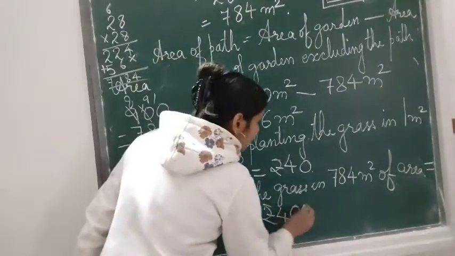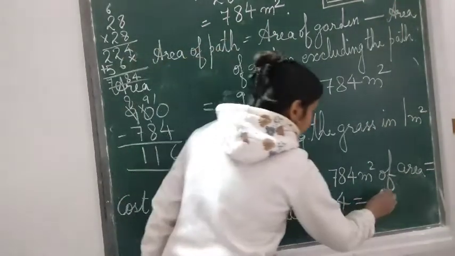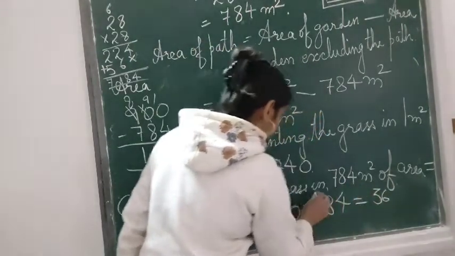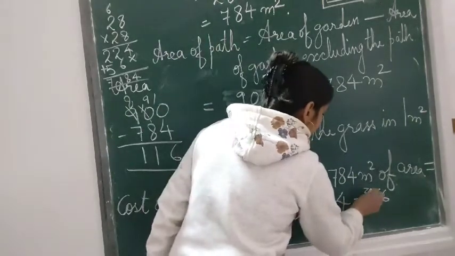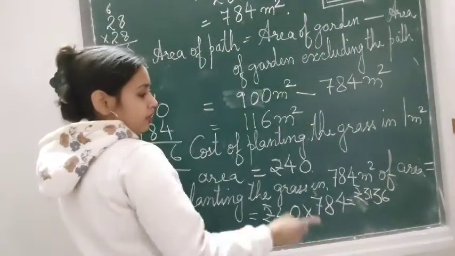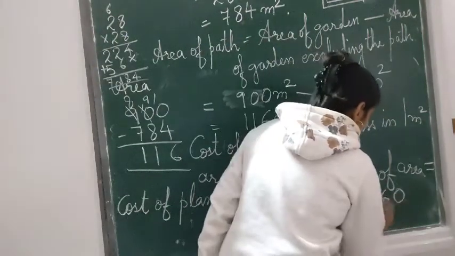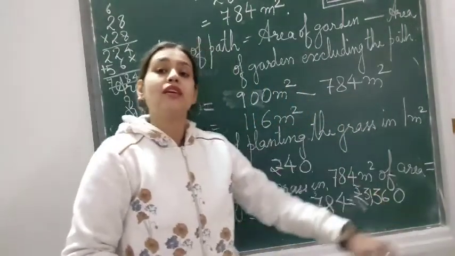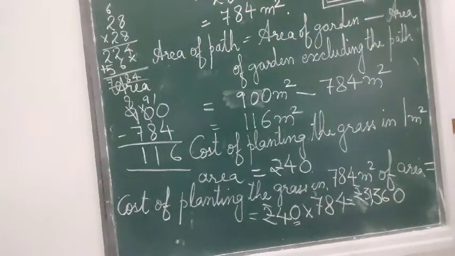Rupees 40 into 784. So 4 4s are 16. 4 8s are 32, 33. 4 7s are 28, 29, 30, 31. Rupees 31,360. Children, that is a comma which is in between 1 and 3. Okay. So this completes question number 5.